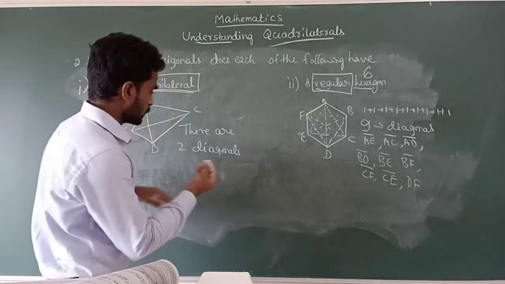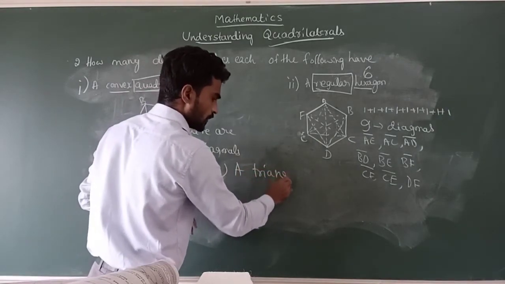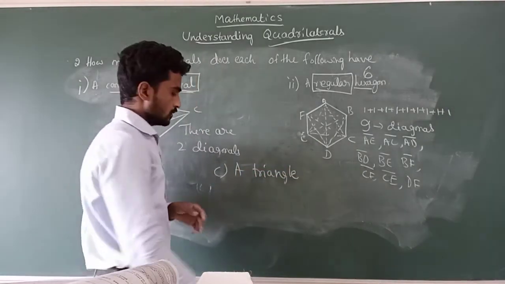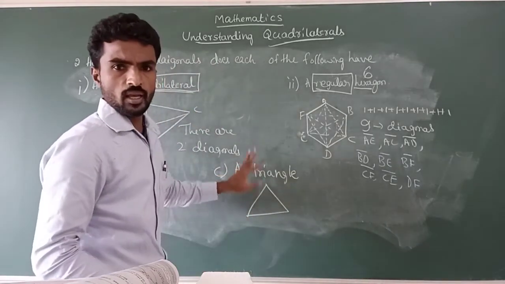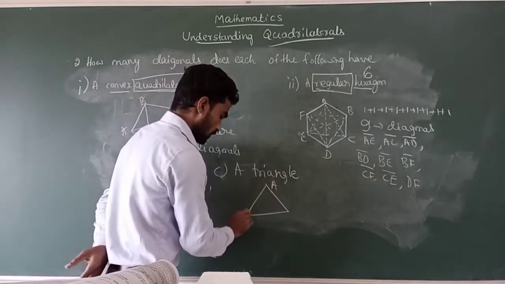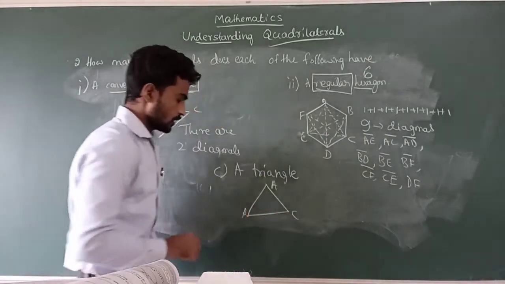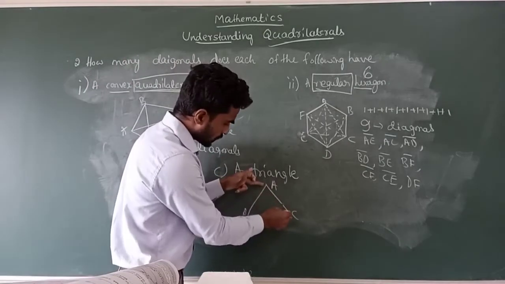Now the next one is a triangle. Draw a triangle. A triangle is a polygon with 3 line segments. Here ABC is a triangle. Observe, are there any 2 non-consecutive points?